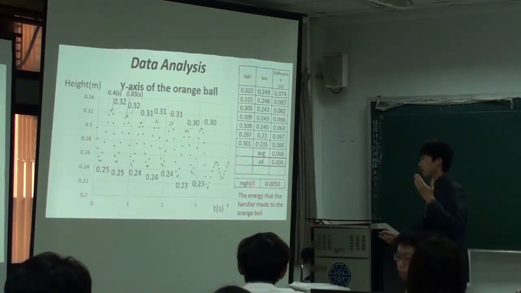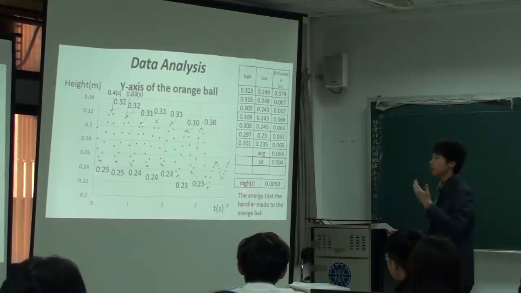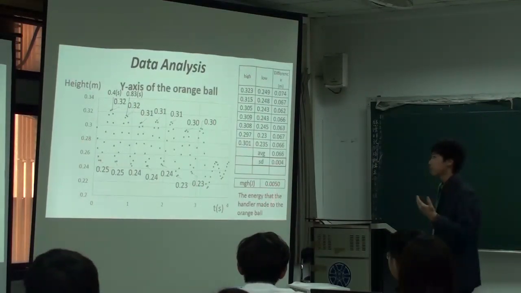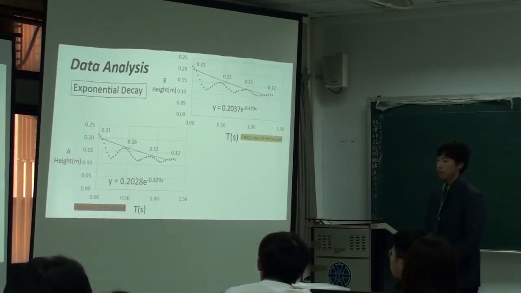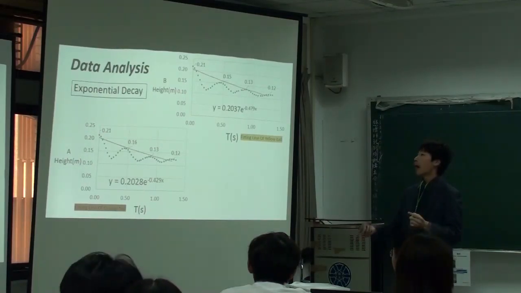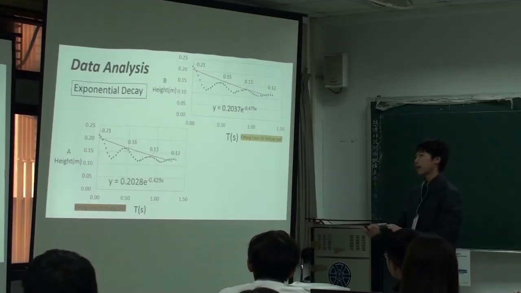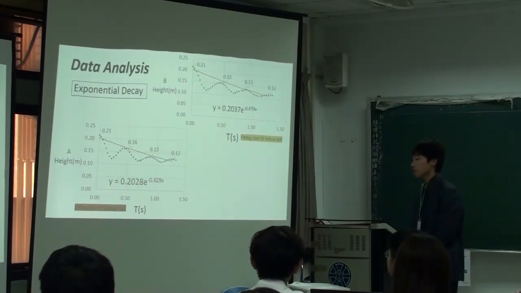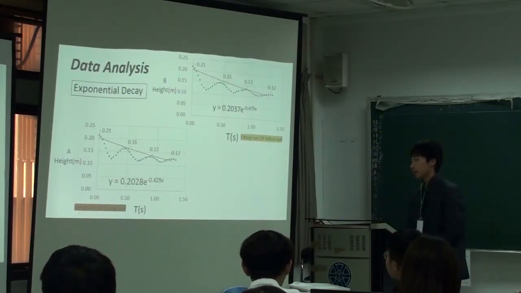So I can get my handmade error, which is 0.005. And when I hit it at a high place and I don't move my hand, it will decay. So I can get this line, and a fitting line, and it is exponential decay.